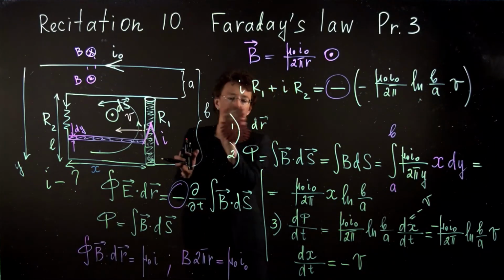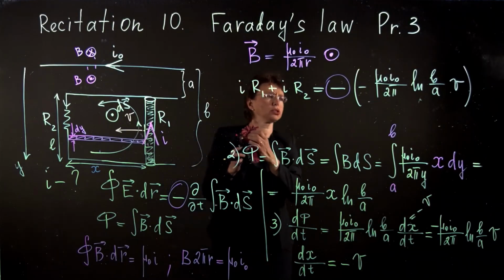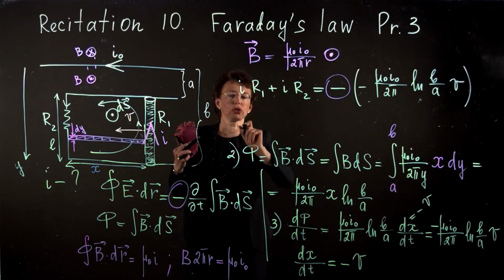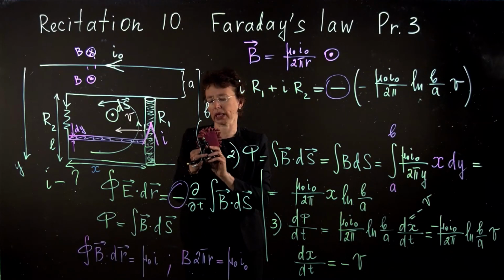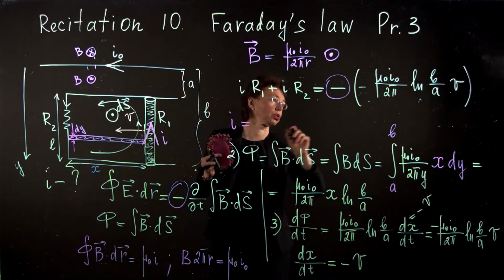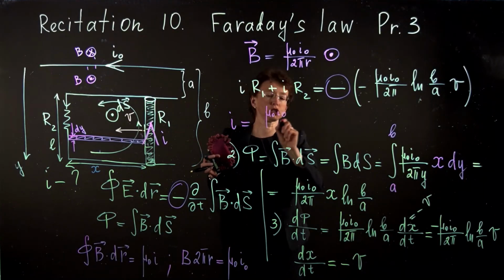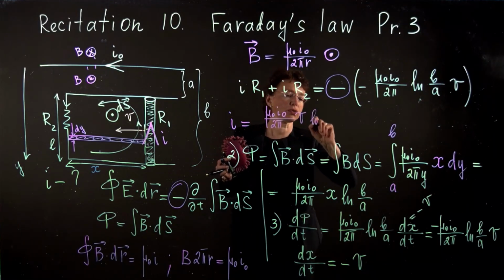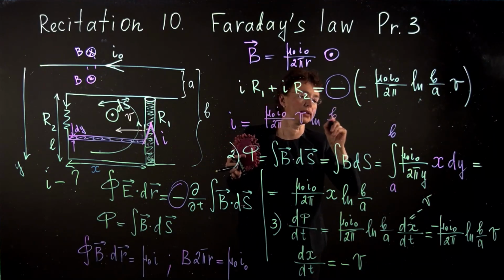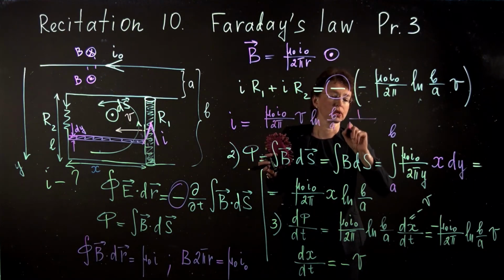Let me erase step 1, direction of dr, and we will write magnitude of current. So what will be current? Current I will use pink. Current I will be equal to mu naught I naught over 2 pi v, logarithmic function b over a, divided by R1 plus R2.